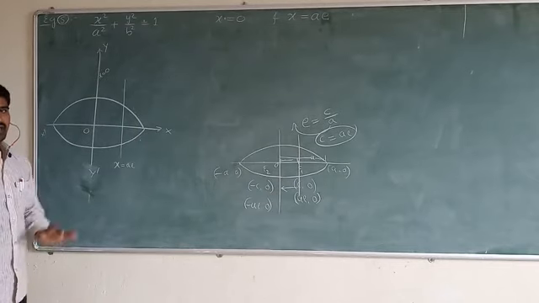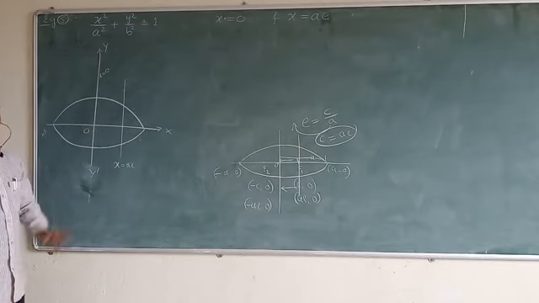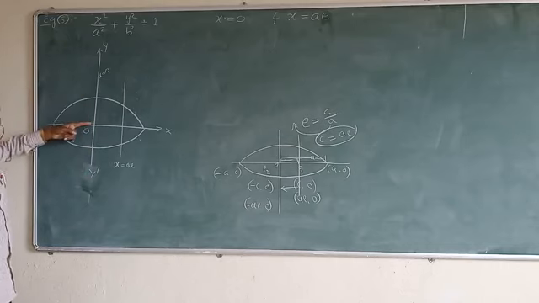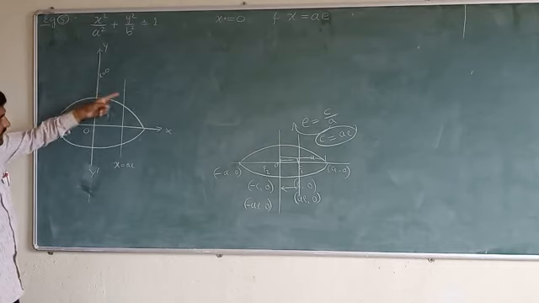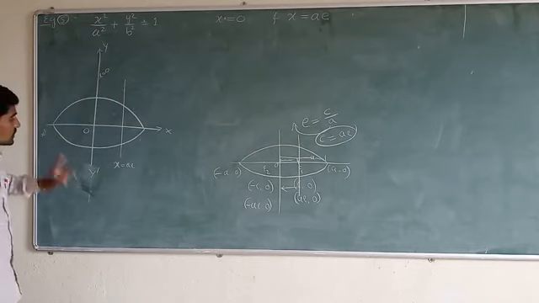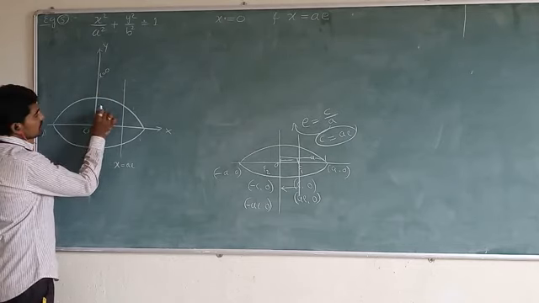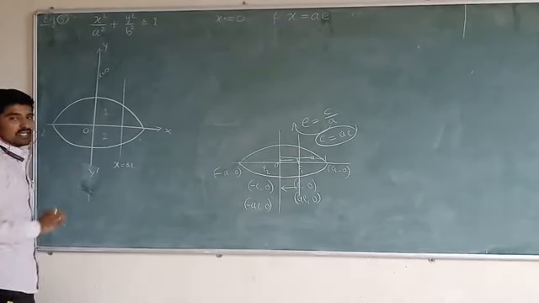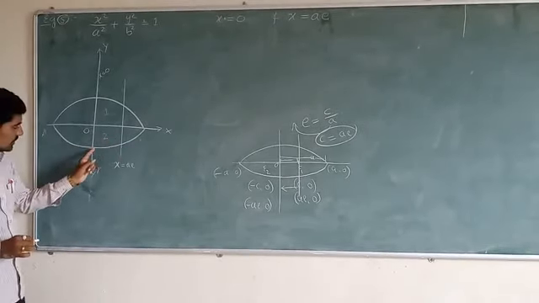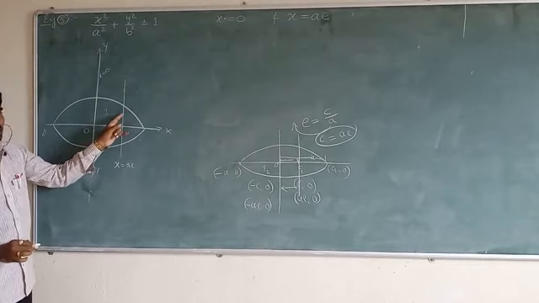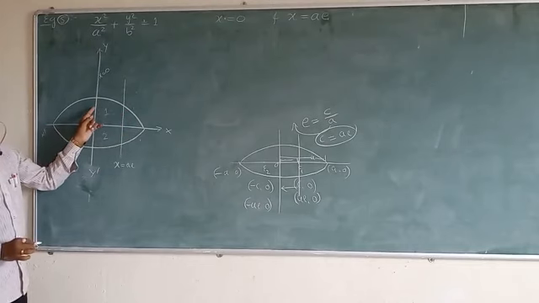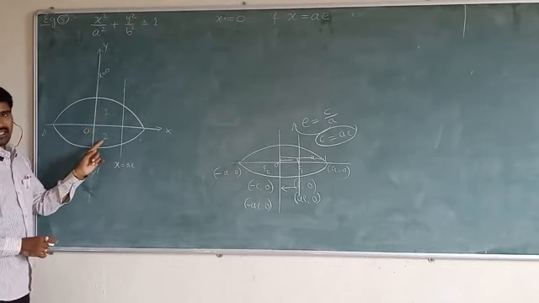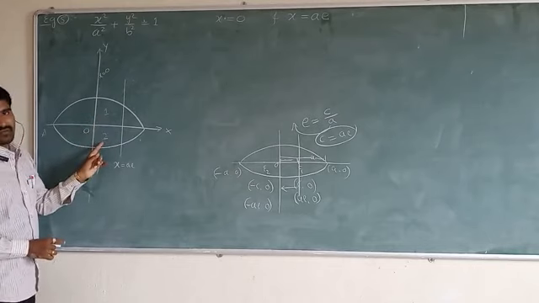The question is: find the area bounded by the ellipse and the lines x equals to 0 and x equals to a. So we need to find this first area and this second area, because this area is covered by the ellipse and the lines x equals to a and x equals to 0. These are present in the first quadrant and fourth quadrant.